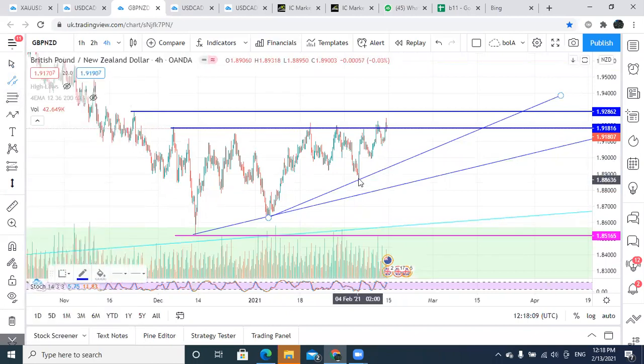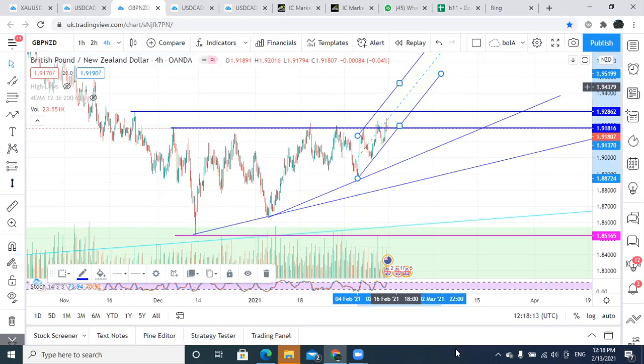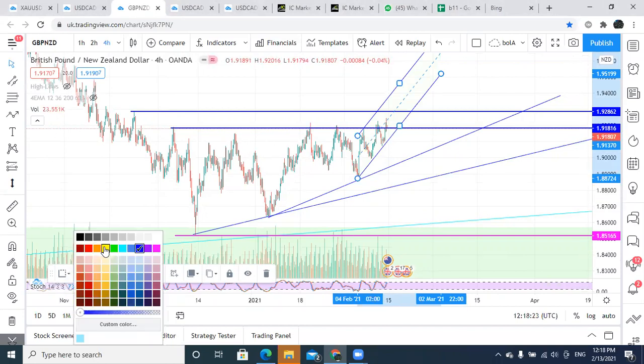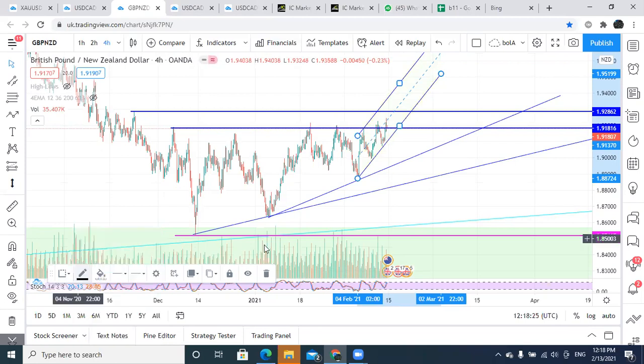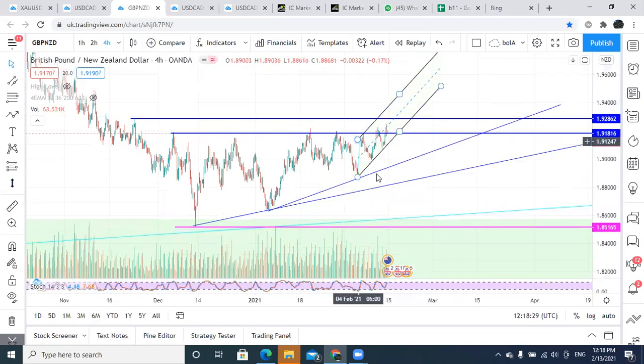So this move that we are seeing over here on my 4 hour chart, you'll be seeing them losing steam.